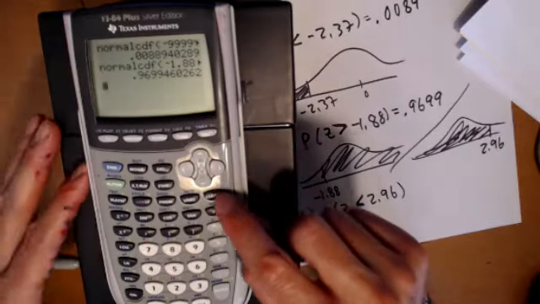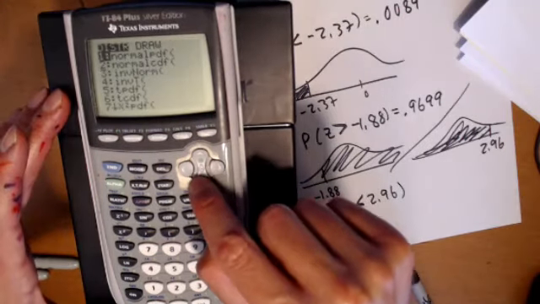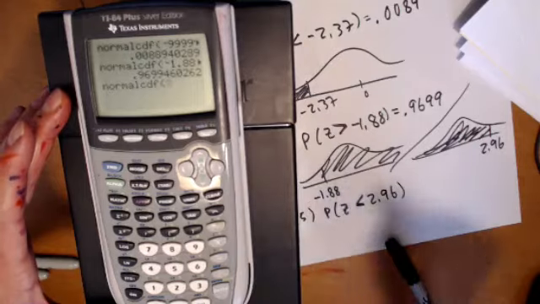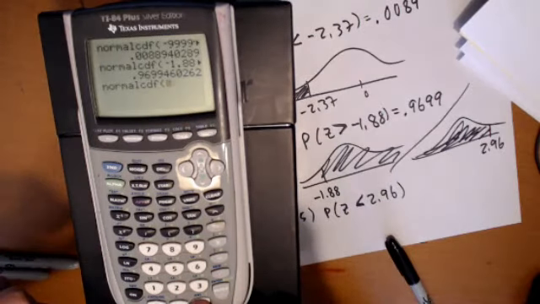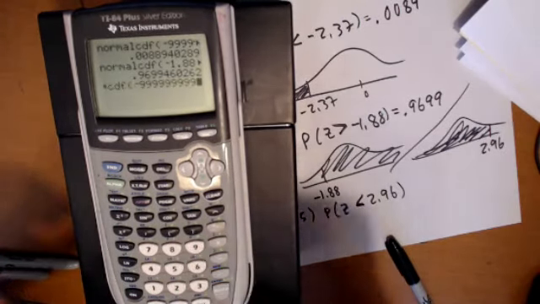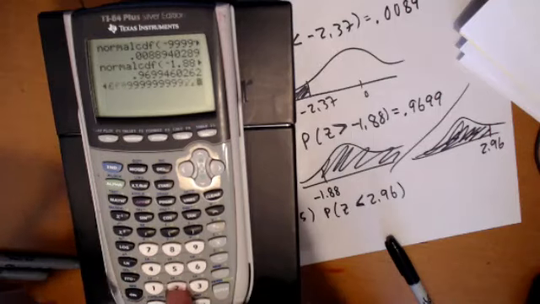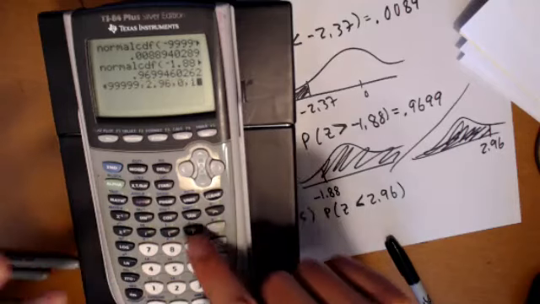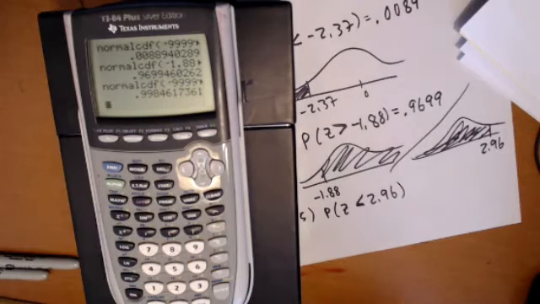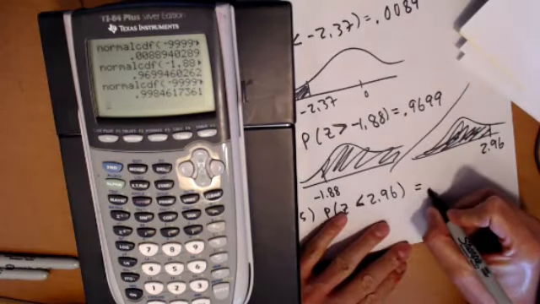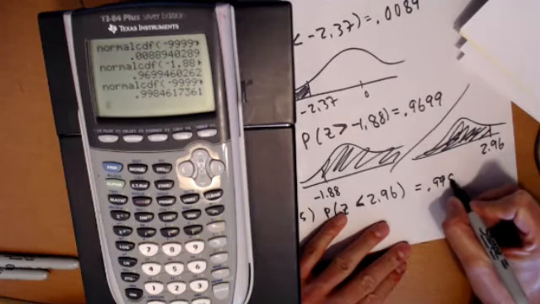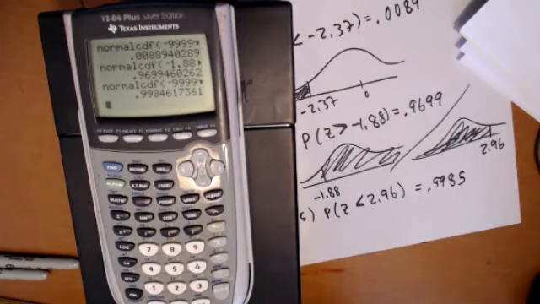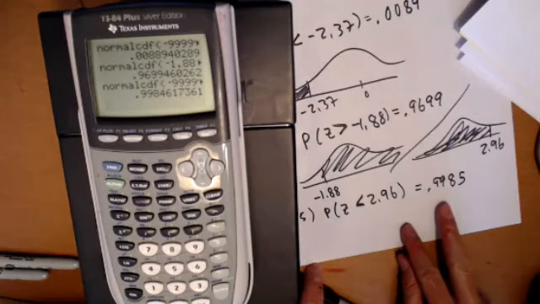So, distribution, normal CDF, lower bound -9999999, comma, 2.96, comma, 0, comma, 1, end parenthesis, enter. And we get an answer of 0.9985 when I round to the 4th place for no particular reason, other than we've been doing that all day.